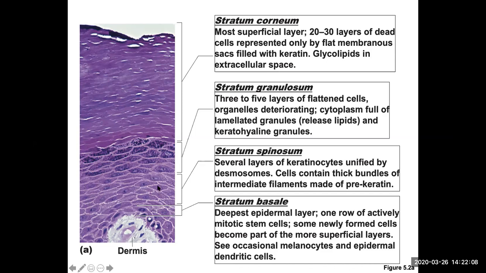So this is the stratum spinosum. You've got lots of keratinocytes, so again, these are cells that produce keratin. And they're unified by desmosomes.